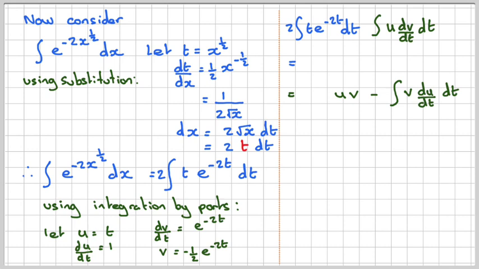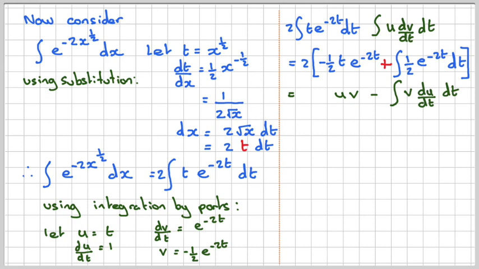So that's the original integral. That will give me 2, take that 2 out, we'll put it in at the end, uv, which is minus a half t e to the minus 2t, so there's v, there's u, so multiply that, minus the integral of v, which is that. Now, because we've got minus minus, it becomes a plus, and then du by dt is equal to 1.